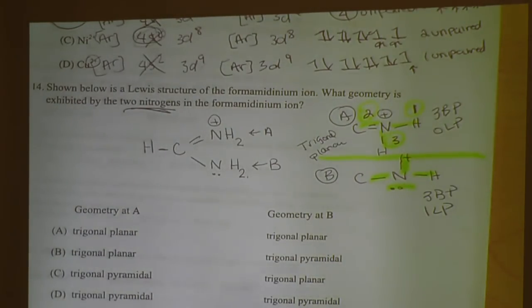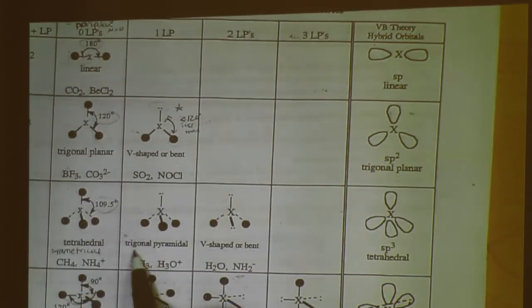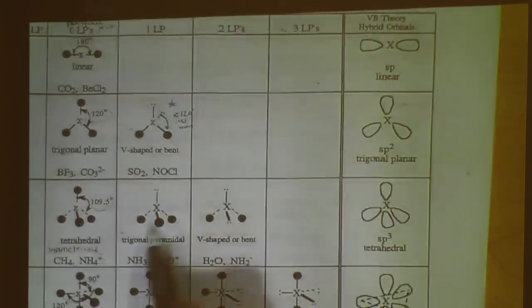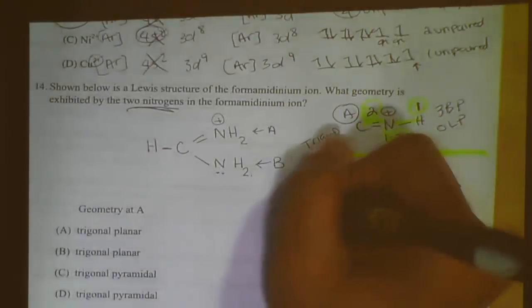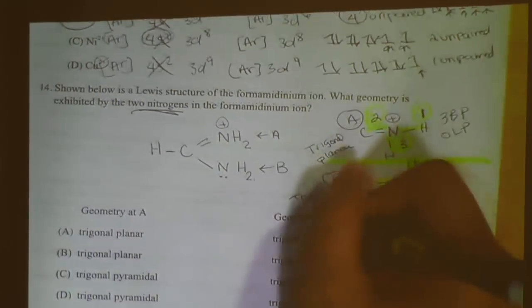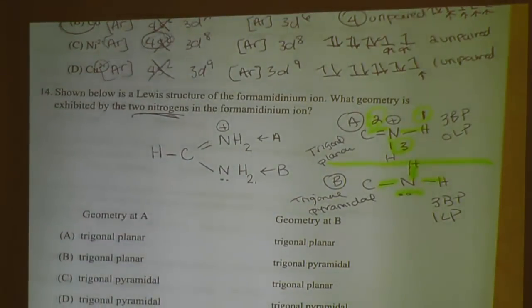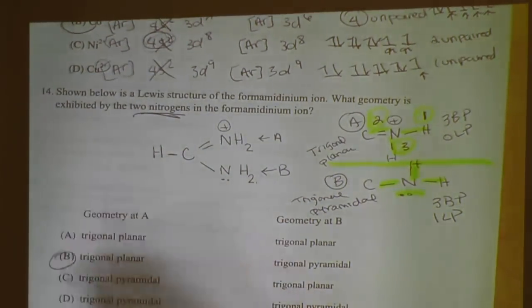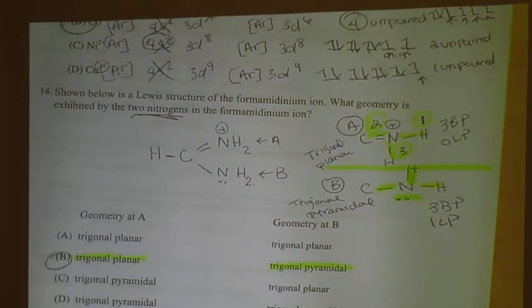According to my diagram, this fits into trigonal pyramidal, where I have 1, 2, 3 bonds and 1 lone pair. So this one would be trigonal pyramidal. So according to my answers, this would be B, where geometry at A is trigonal planar, geometry at B is trigonal pyramidal. So again, it's all based on the electron density areas.